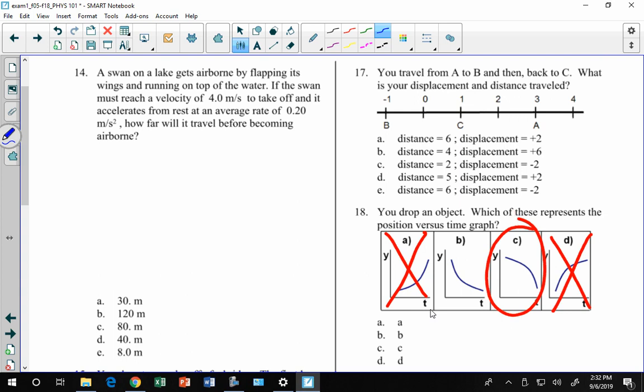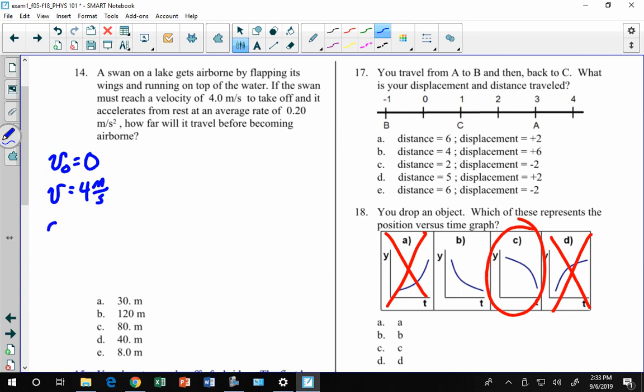This swan runs along the surface of the water until it reaches a certain velocity, and then it can take off. And I want to know how far it travels. So the initial velocity for this swan is 0. Right? It starts out at rest, and it starts running along the surface of the water, and then it reaches a final velocity equal to 4 meters per second.